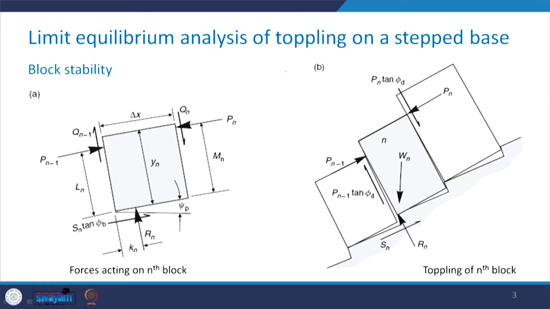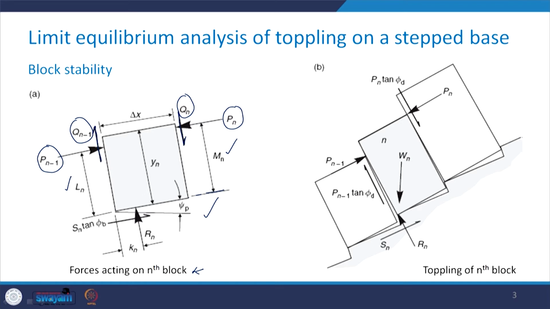Take a look here. The first figure gives you the idea about the forces which are acting on the nth block. Here you can see that these normal forces Pn and Pn minus 1 are acting at distances of Mn and Ln respectively from the base of the block. The shear forces, Qn and Qn minus 1, are acting as shown in this figure in this particular manner.